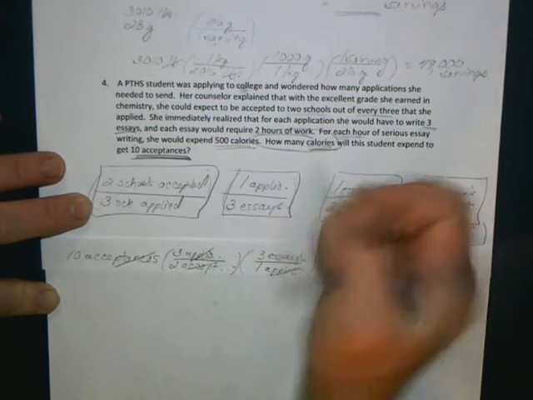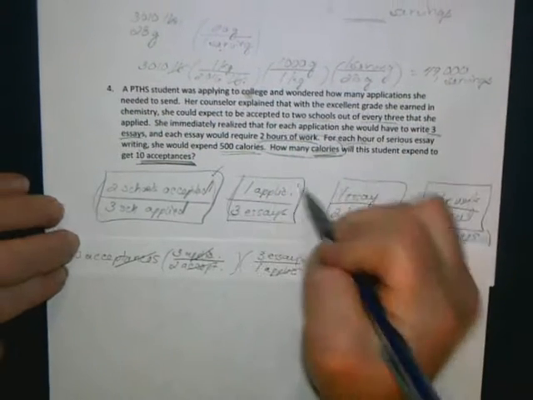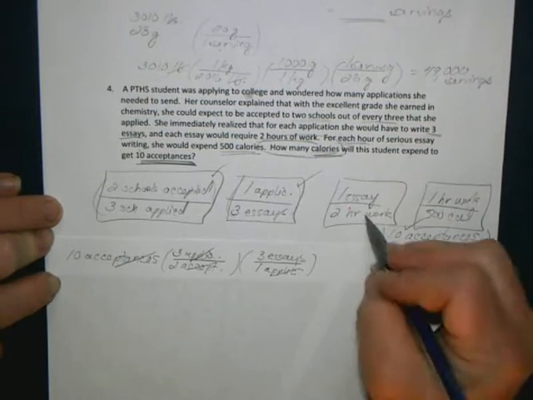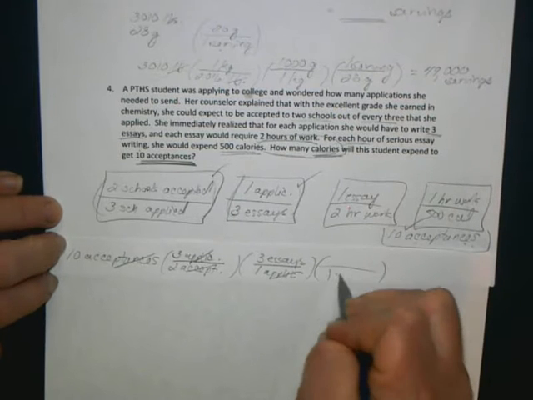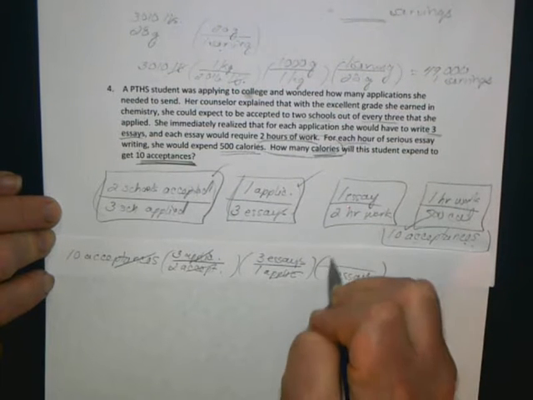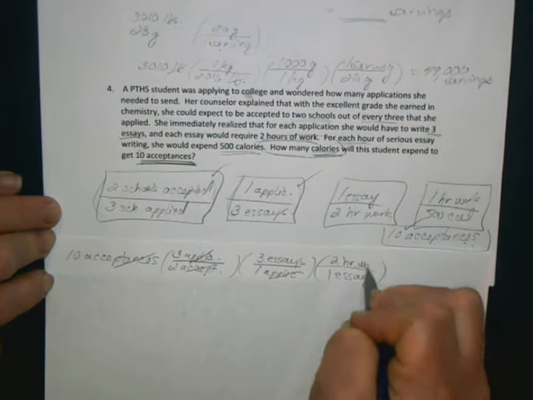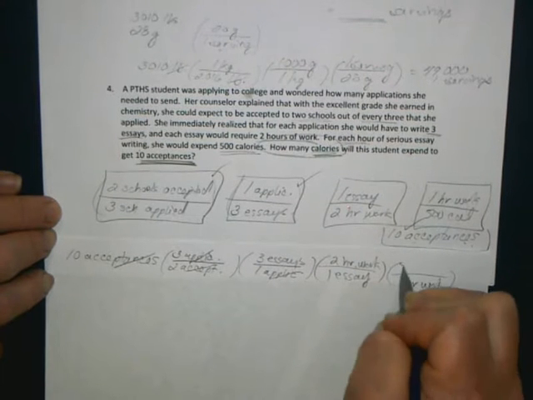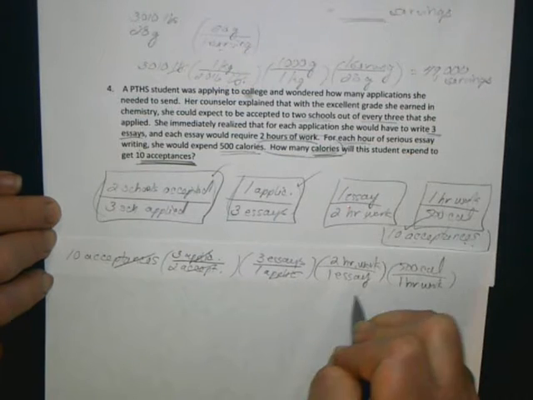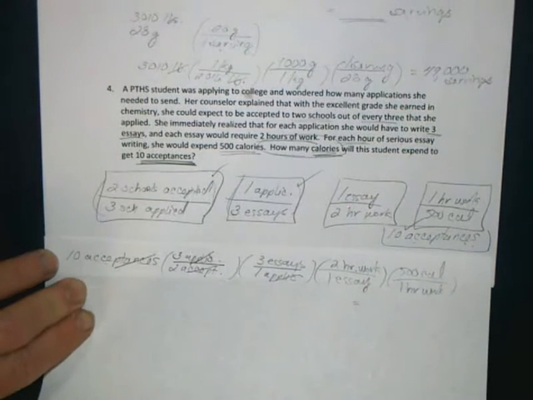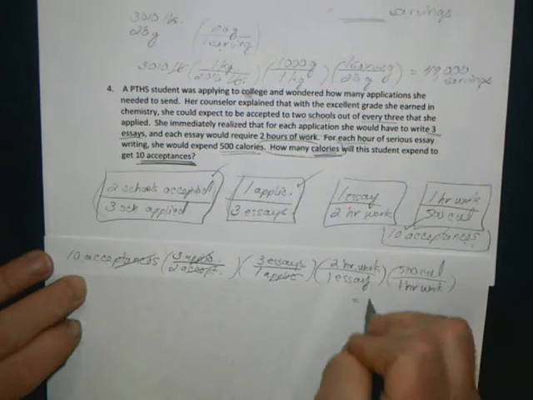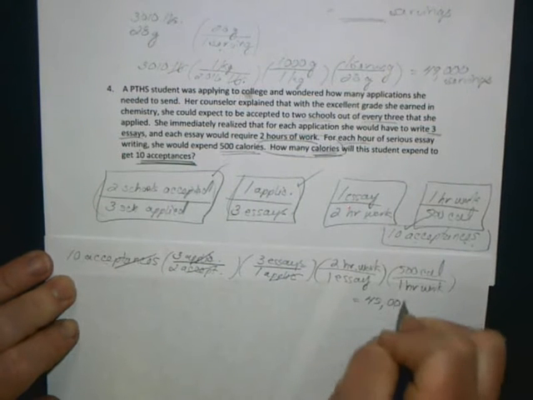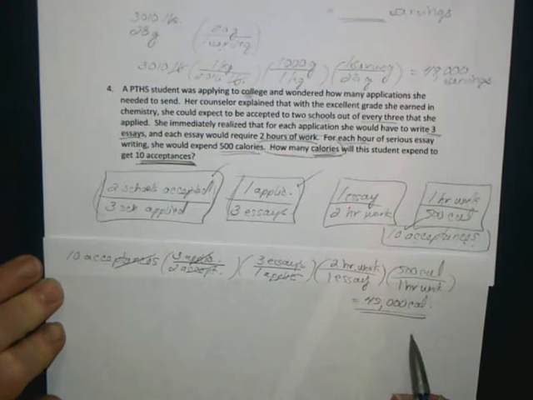So I've used this, and I've used this. Well, for every 1 essay, it requires 2 hours of work. And for every 1 hour of work, it's 500 calories. Now, whenever you work this out, you get an answer of 45,000 calories. This is what your calculator will read.